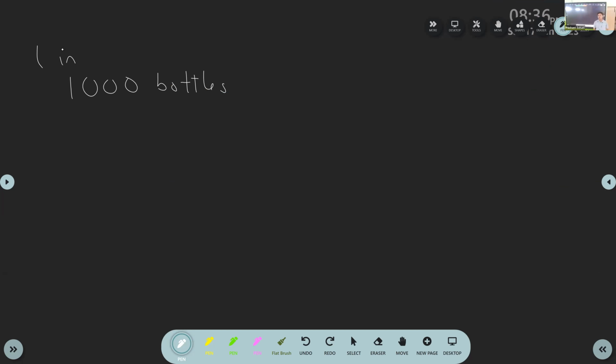How many prisoners are required to do this? We can do the test only one time. So you will think it requires 1,000. I want to find that one bottle.